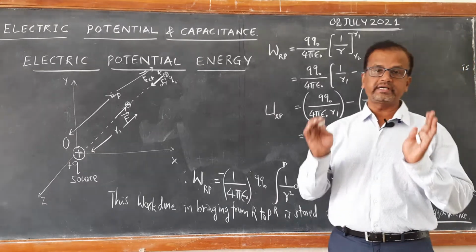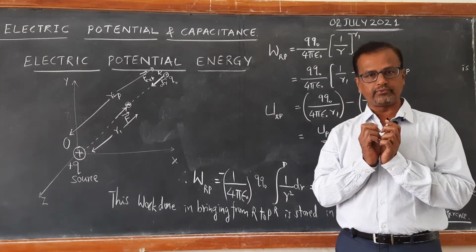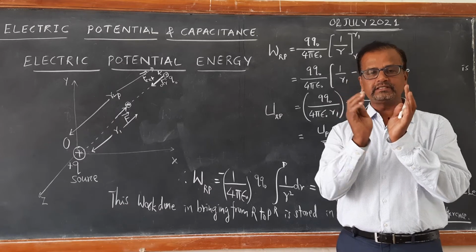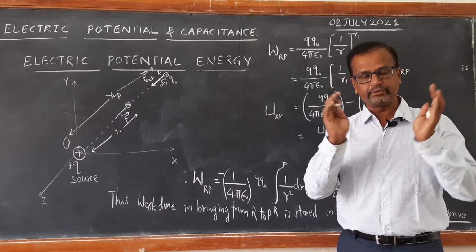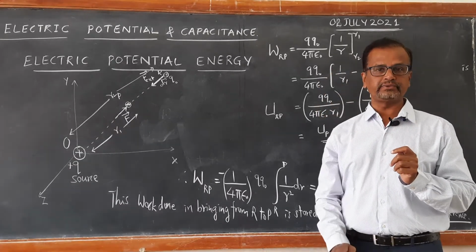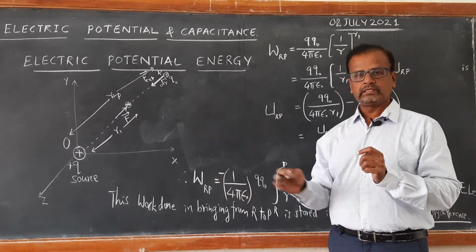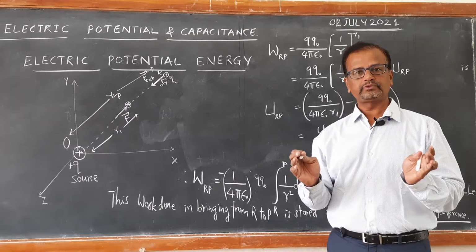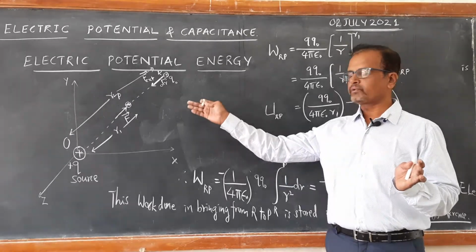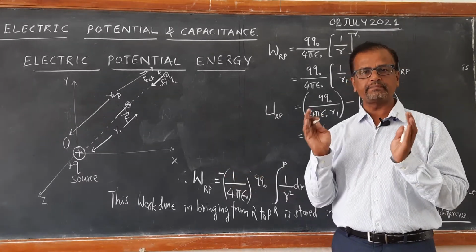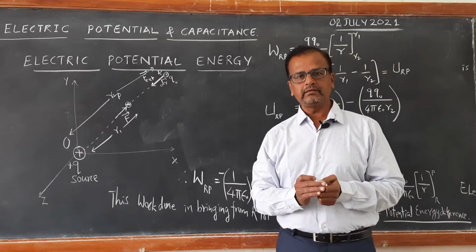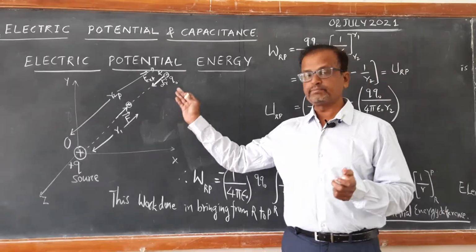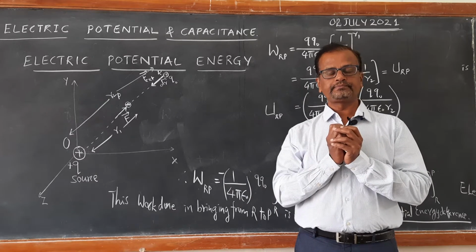Remember, when the work is done against an attractive force, then the potential energy we get is negative. So, gravitational potential energy is negative, whereas the work done against a repulsive force is positive. So, electrostatic potential energy calculated against a repulsive force is positive.